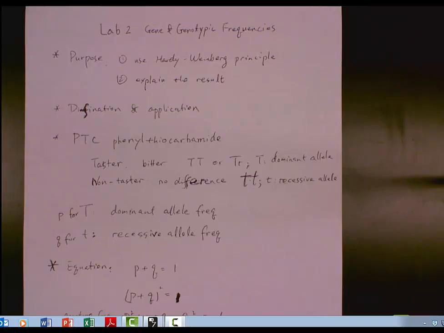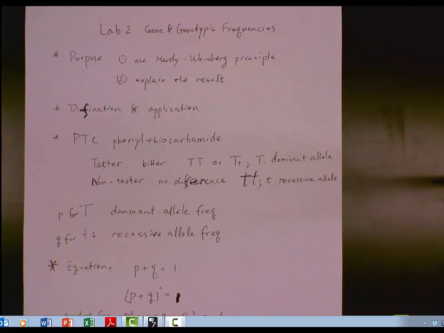The definition of the Hardy-Weinberg principle is that without mutation, selection, gene drifting, or migration, genotypic frequency and gene frequency will remain constant from one generation to another. That's the content of the Hardy-Weinberg principle.